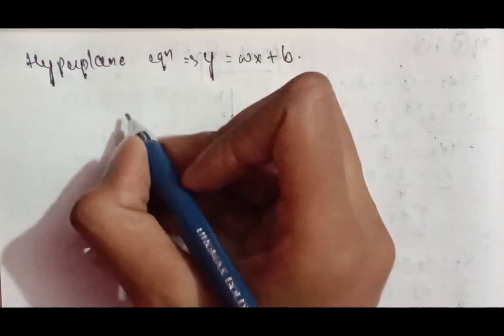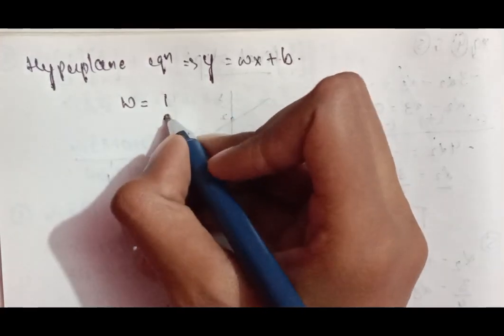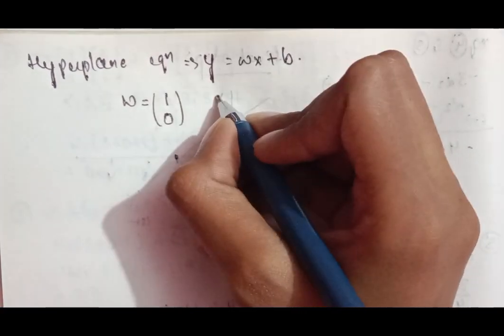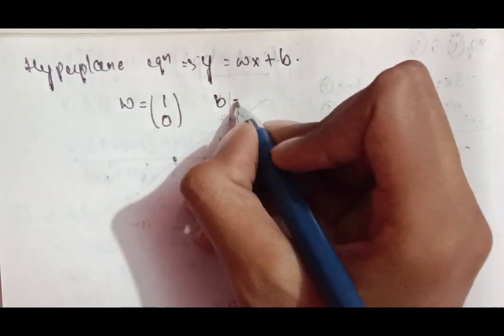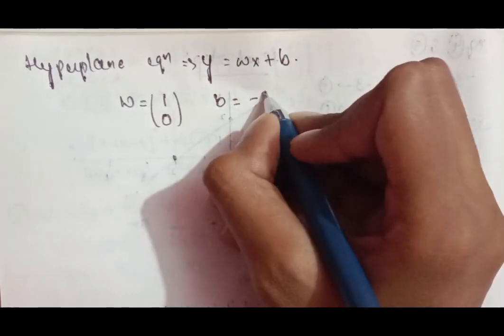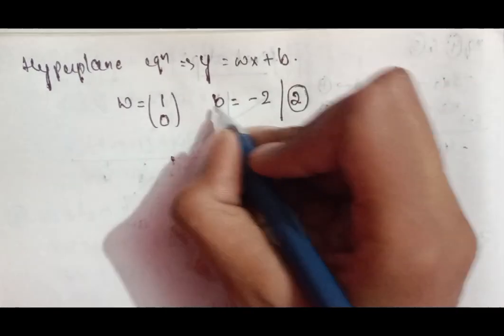So we know the w we have got is 1 and 0, right? So w is (1, 0), and b is minus 2, neglect the negative sign, so you have to write 2. So b equals 2.